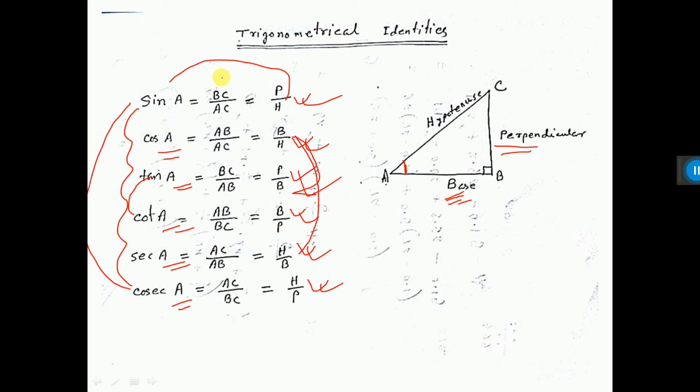Now it is difficult to memorize. That is why many techniques are there to keep in your mind. Some people have curly brown hair: sine equals perpendicular by hypotenuse, cos equals base by hypotenuse.